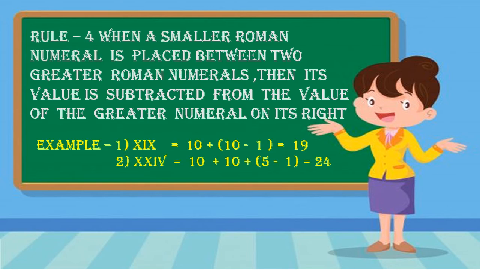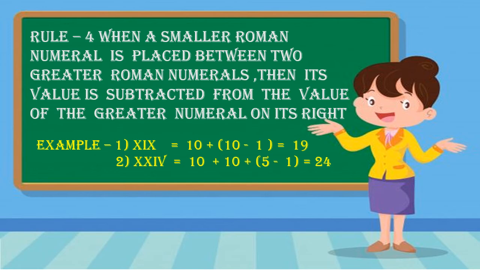Rule 4. When a smaller Roman numeral is placed between two greater Roman numerals, then its value is subtracted from the value of the greater numeral on its right. Let us see examples. In example 1, X, I, X are written. X equals 10 and I equals 1.